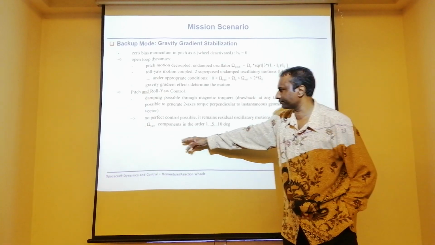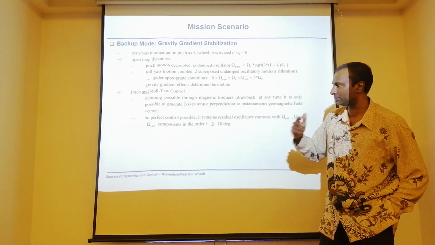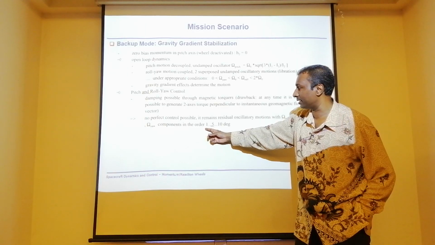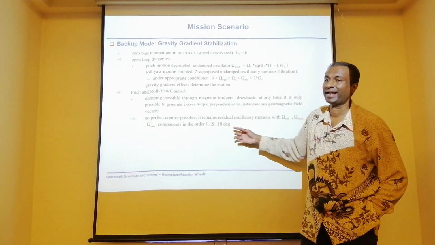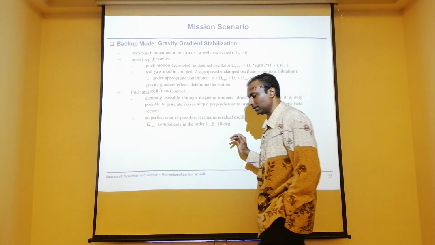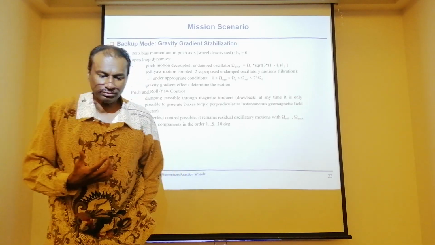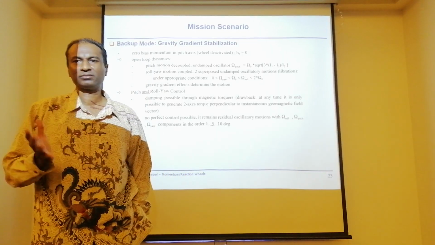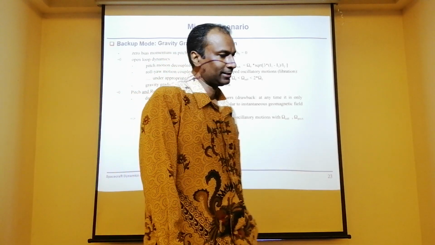Now look at the actual problem here. The components of the pitch, just because there's no perfect control. Now you can look at the order of accuracy you will arrive at, 1 to 10 degrees. This is what I am telling you. So even with the best control, the best way I want to dampen using the magnetorquers, well, 5 to 10 degrees to be safe, not better than that.